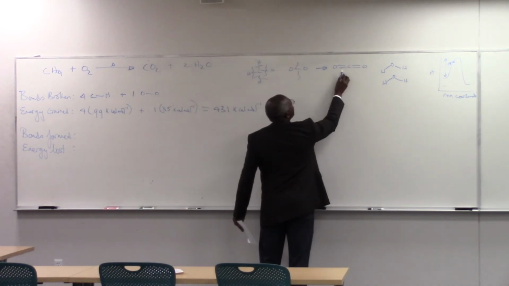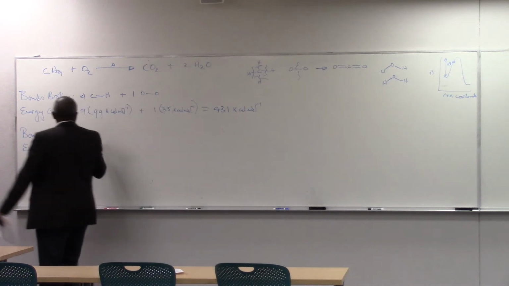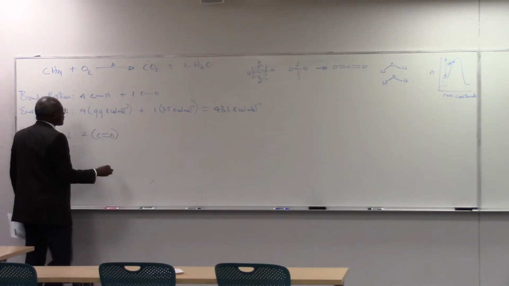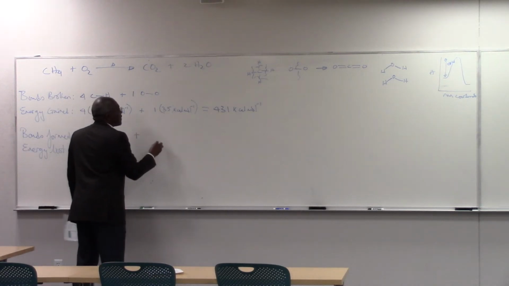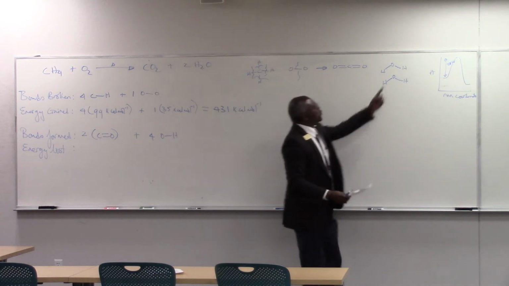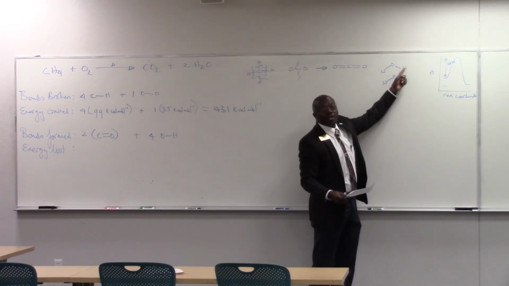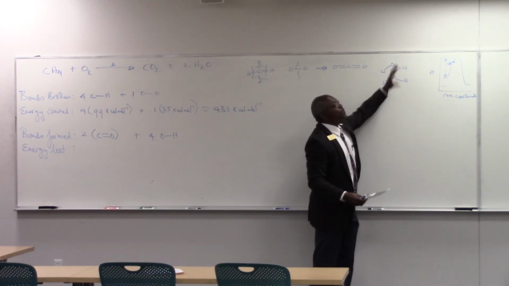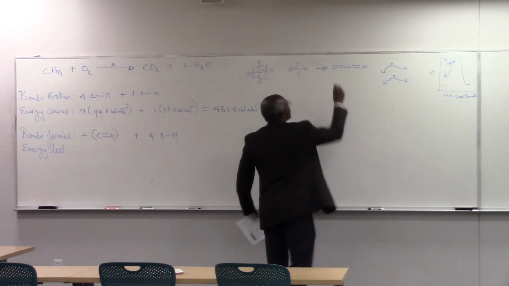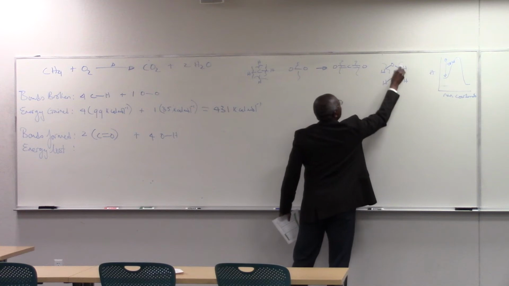Well, we formed 2 C double bond O's. And we formed 4 OH bonds, right? Each water molecule has 2 OH bonds, so in total, I formed 4. Okay, good. That's a complete inventory of the bonds that we formed.